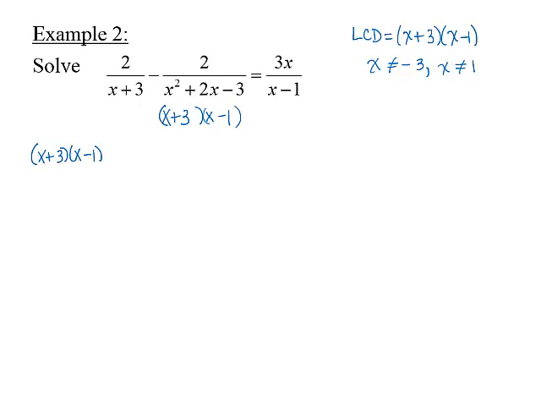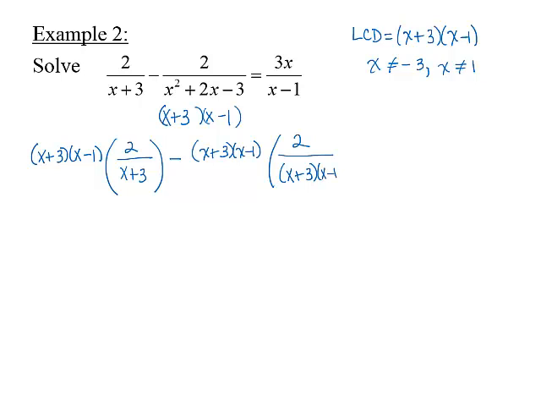Again, that is equivalent to distributing to each of the terms. So x plus 3 times x minus 1 times 2 divided by x plus 3, minus x plus 3 times x minus 1 times 2 divided by x plus 3 times x minus 1, and that is equal to x plus 3 times x minus 1 times 3x divided by x minus 1.